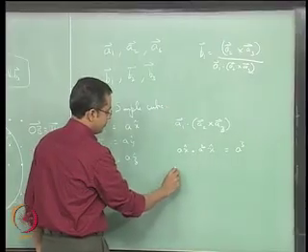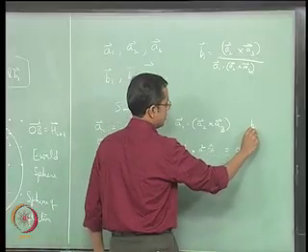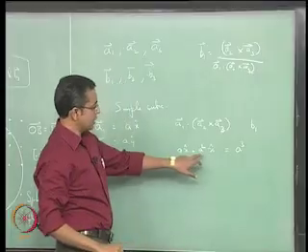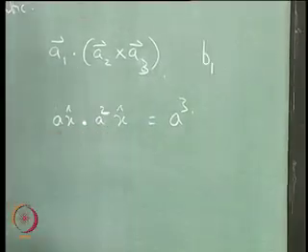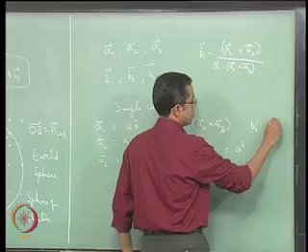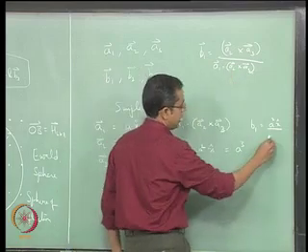B1 is A2 cross A3, which we already just calculated as A square x, divided by this volume A1 dot A2 cross A3, which is A cube.